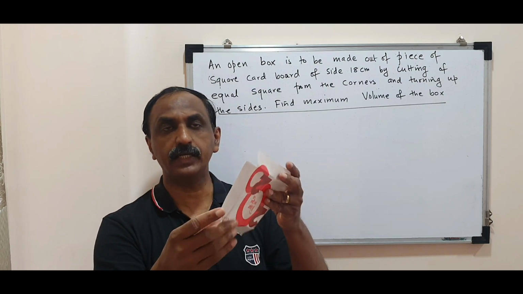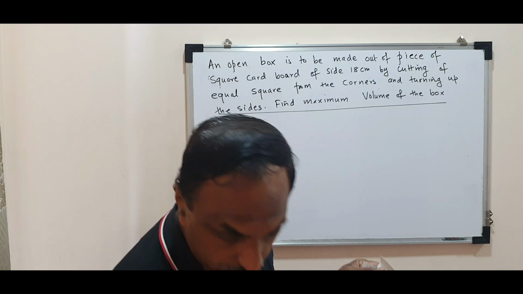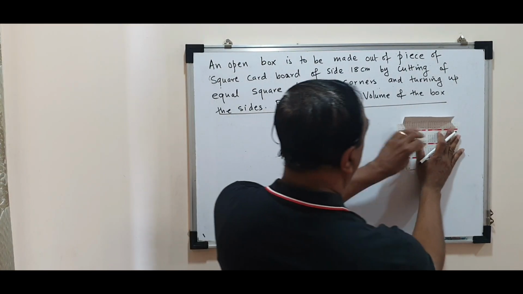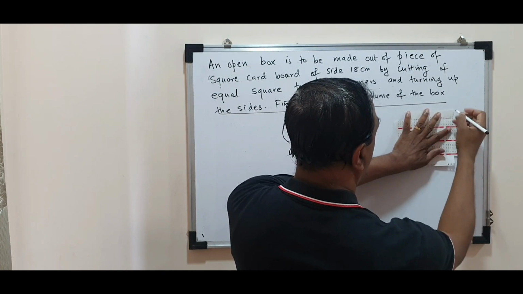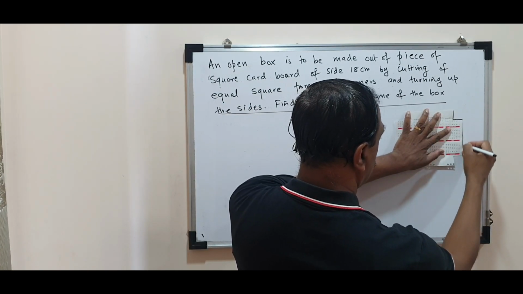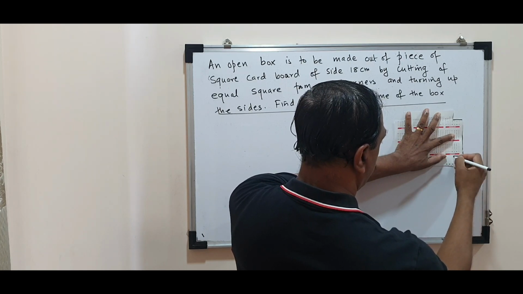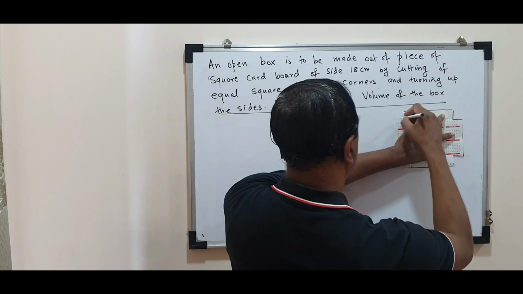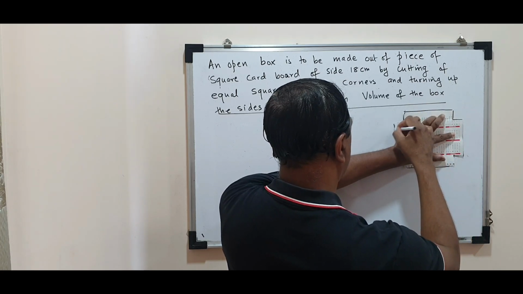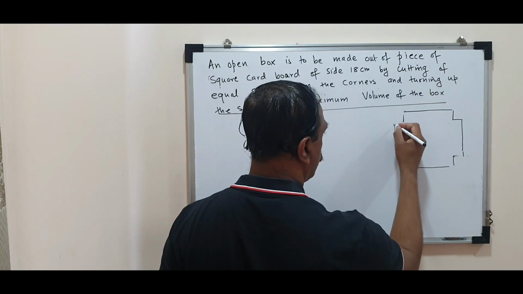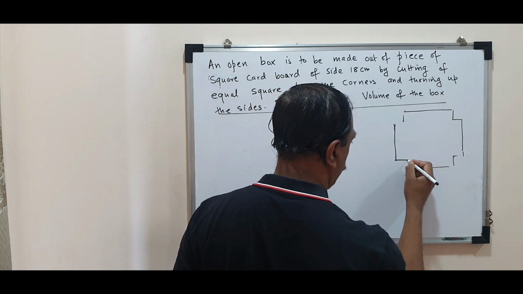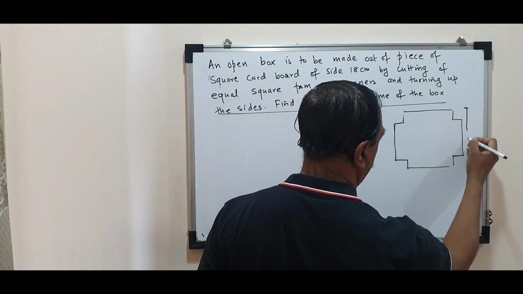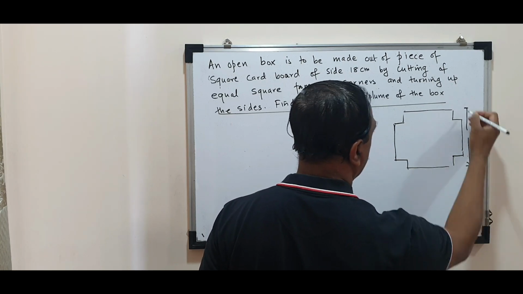So the thing that you should understand is, initially I had a square of 18 centimeters. I am tracing the square. Initially, from ear till ear, there are 18 centimeters.